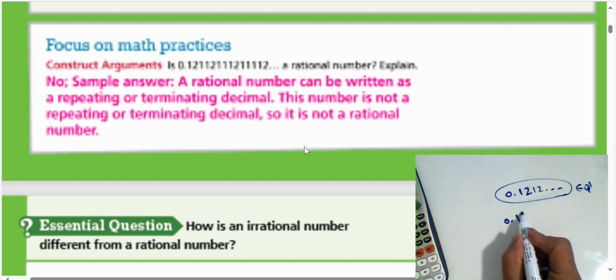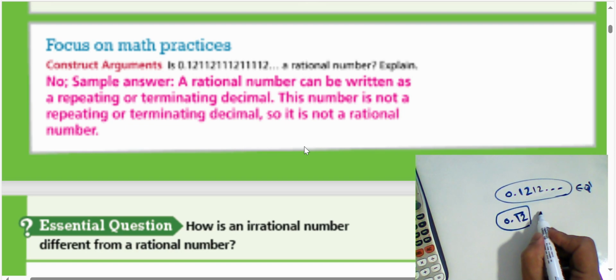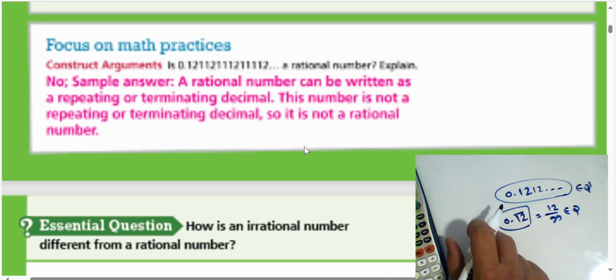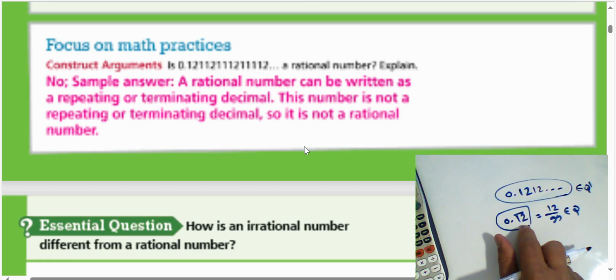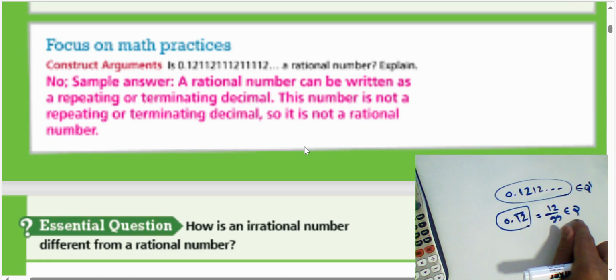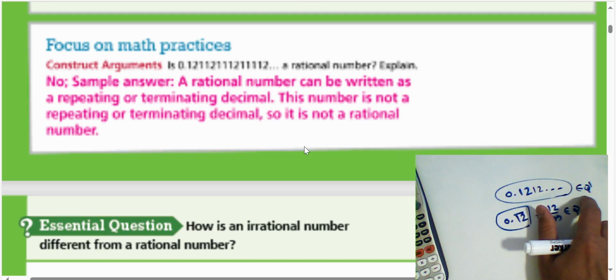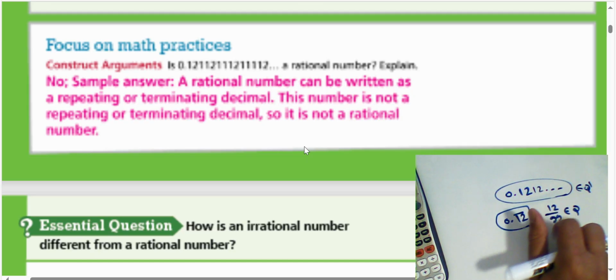But if we have 0.12 repeating like this, it will be 12 over 99, so it belongs to rational numbers. We have the difference between two numbers. If it gives you 0.12 with a dash up, it belongs to rational numbers, but 0.1212 and so on without repeating is irrational.